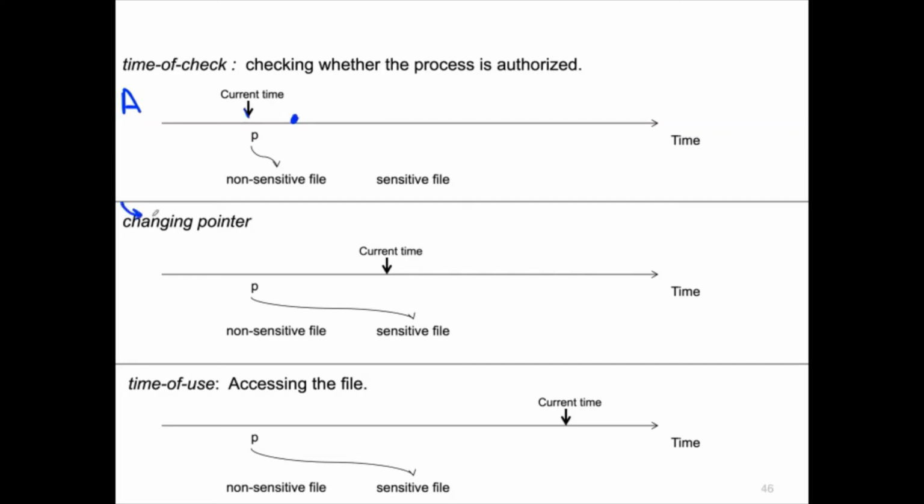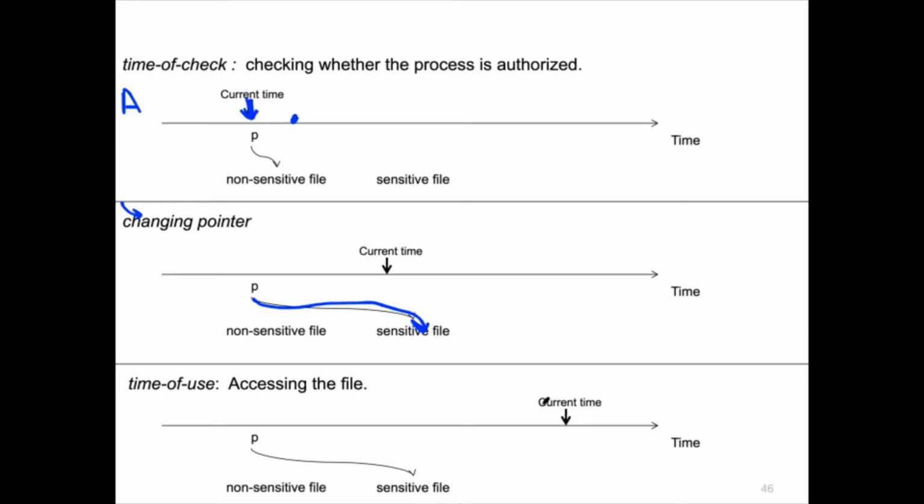At this point, A checks whether the user has the access right, and of course the user does. Now B comes in and changes the pointer to point to a sensitive file. During the time of use, A then accesses the sensitive file.